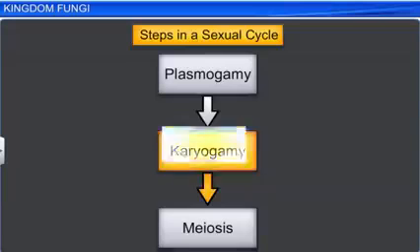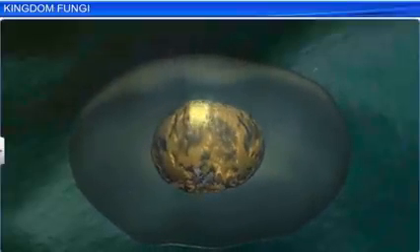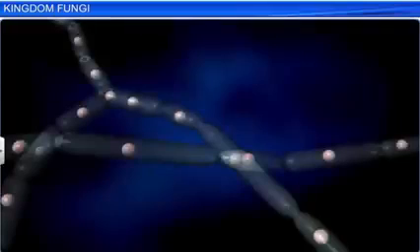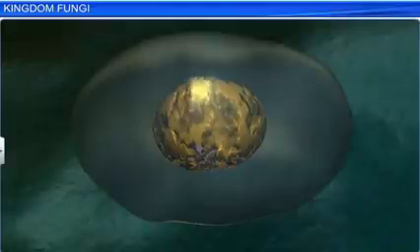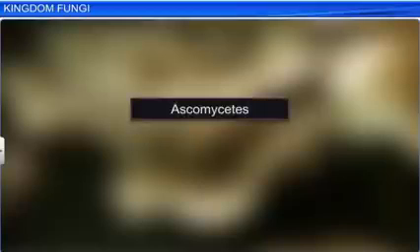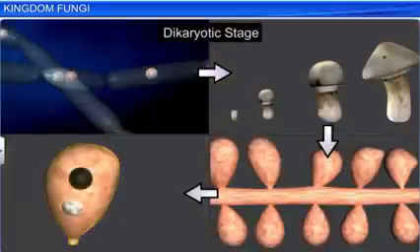After plasmogamy, the 2 nuclei fuse together in the second stage known as karyogamy, whereas in some fungi, the fusion of two haploid cells immediately results in the formation of diploid cells, or 2N. In other fungi, like ascomycetes and basidiomycetes, an intervening dikaryotic stage occurs.